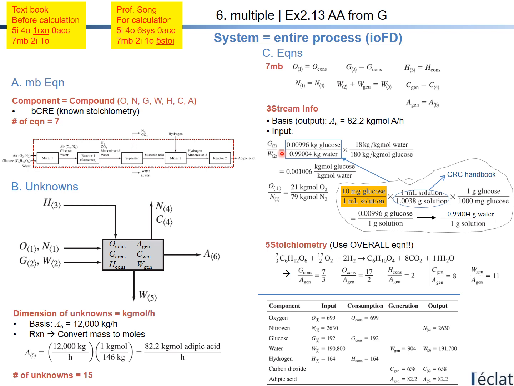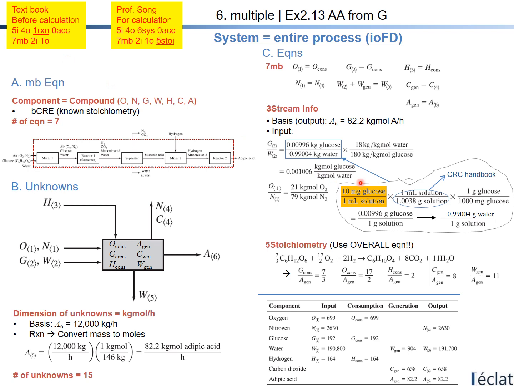We know the concentration of glucose, meaning glucose moles per water moles. So one input specification. The other thing is the molar ratio of oxygen to nitrogen in air. It is given to you. So totally two input specifications.